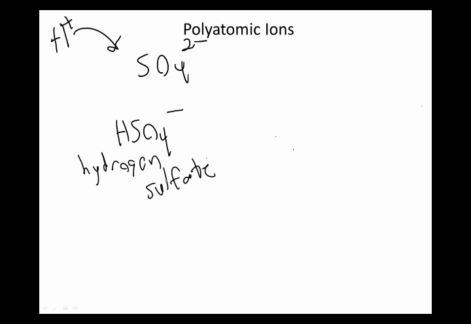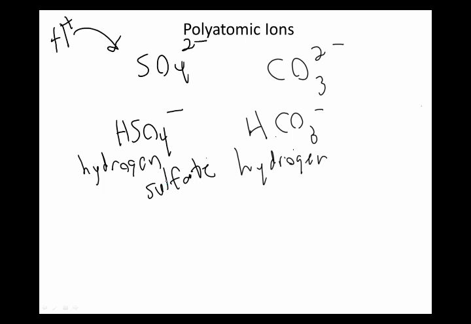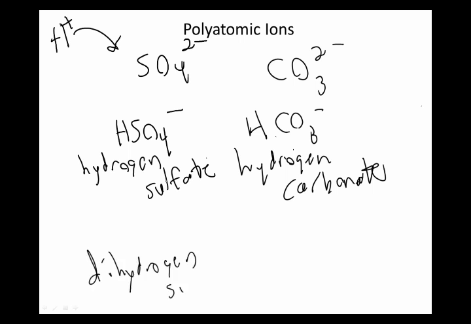I can do this with any polyatomic ion with a little bit of an exception. I could take carbonate, and this becomes HCO3 minus and becomes hydrogen carbonate. Now, you'll notice we don't have on your list a dihydrogen sulfate. Think about for a moment why not.